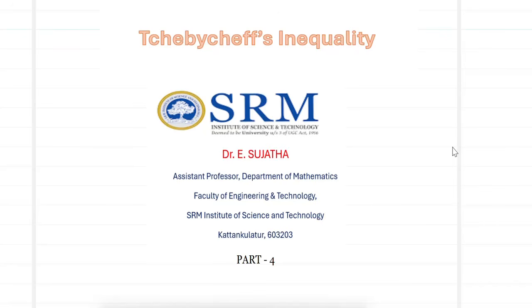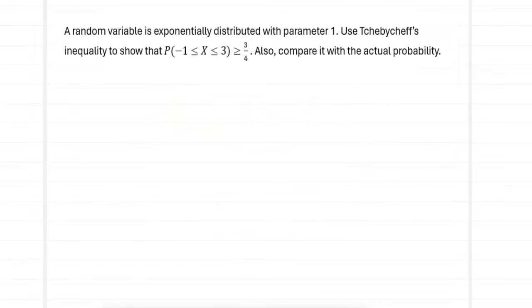We have been applying Chebyshev's inequality to find the lower bound or the upper bound of any given problem whose actual probability function is not known. The problem is: a random variable is exponentially distributed with parameter 1. We have to use Chebyshev's inequality to show that the probability of minus 1 less than x less than 3 is greater than or equal to 3 by 4.